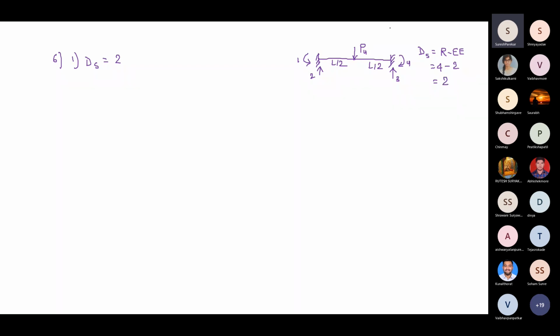So we have 2. Which equilibrium equations will there be? Summation Fy equal to 0 and moment equal to 0. There will be no Fx, we do not take Fx in beams. We neglect axial deformation. Second, n equal to, so we have n 3 as shown in figure.